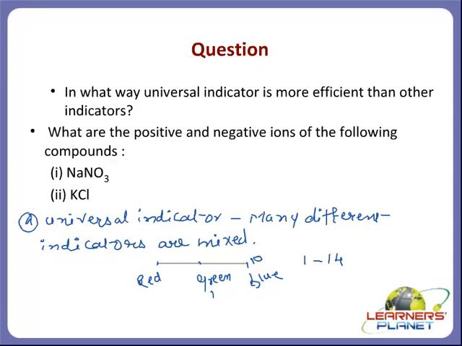Here is the Na plus ion. Sodium is a metal, so it is forming what type of ion? Positive ion. And there is what type of ion? NO3 minus ion, right?